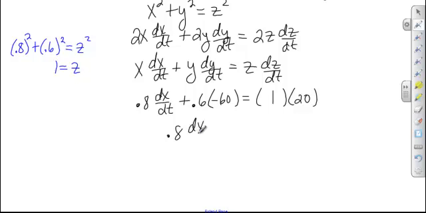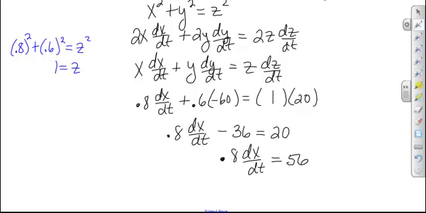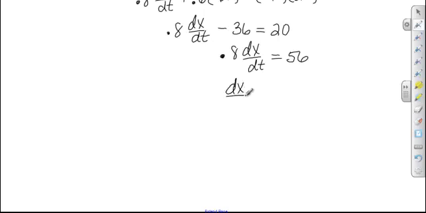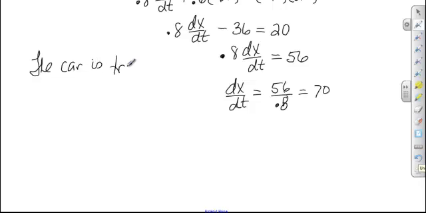So 0.8 dx over dt is 56, and dx over dt is 56 divided by 8/10, which is 70. So the car is traveling at 70 miles per hour.